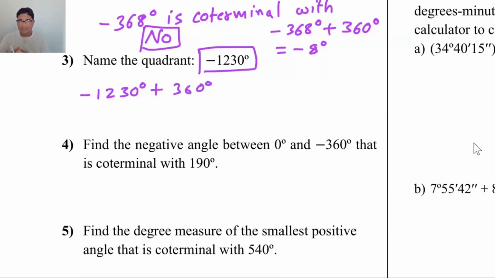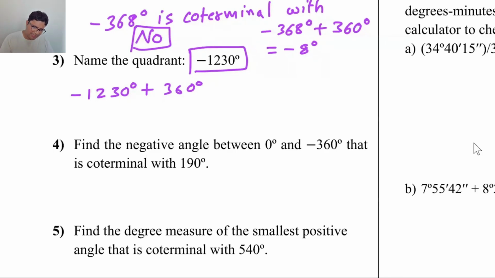So try to see when it becomes some smaller value, so you can decide the quadrant. But if you think ahead a little, you will realize that just adding 360 is not going to make it. So I will multiply this by 2, and I'm sure that also is not going to be sufficient. I will do it 3 times.